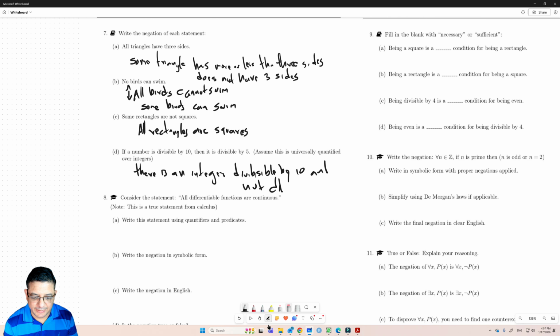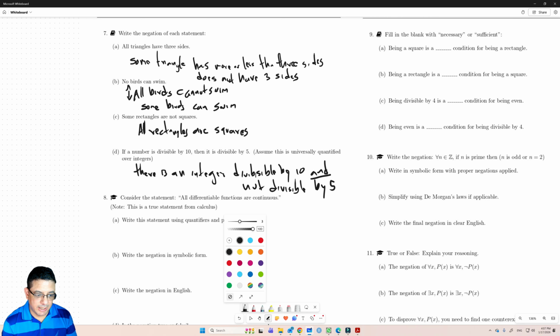Notice that this and happens because we're negating an implication. Here we have P implies Q, so if we're negating that, we do P and not Q.